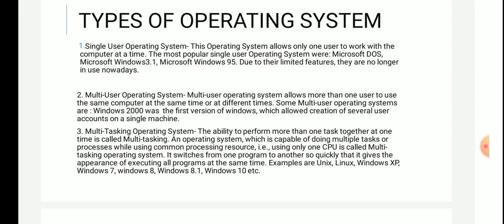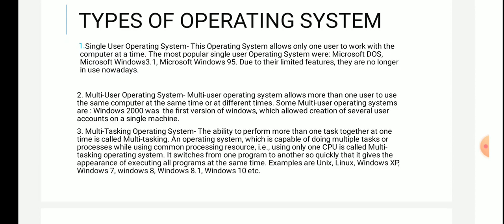The next type of operating system we have is multitasking operating system. Multitasking operating system is again the same computer which we are using, which can perform multiple tasks at the same time. Here it is written, the ability to perform more than one task together at one time is called multitasking. The computers which we are using nowadays can perform multiple tasks at a time, right?